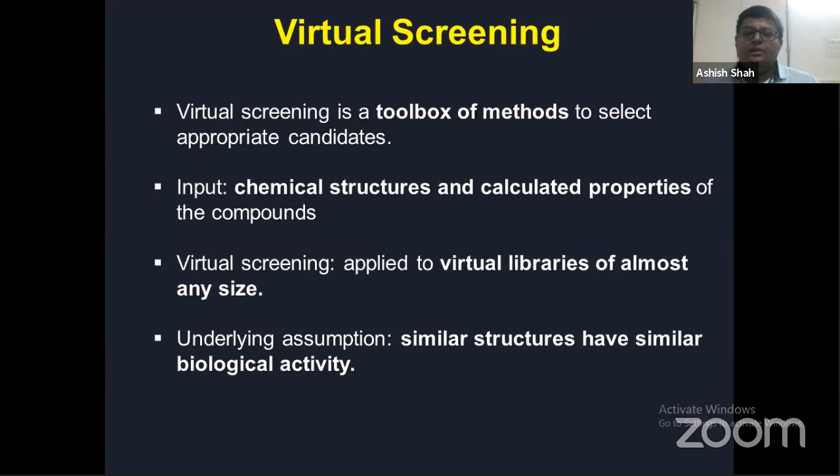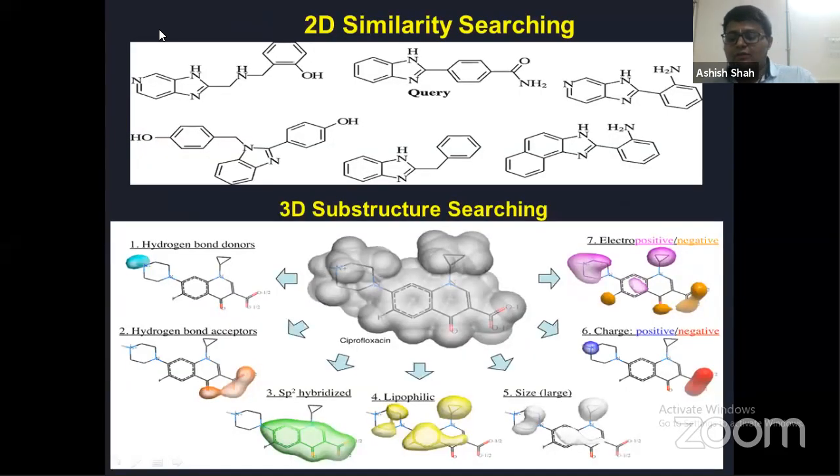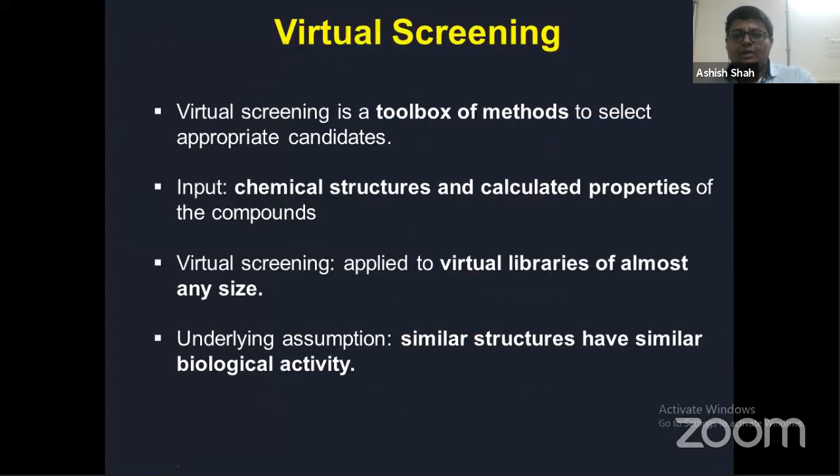Now, the second thing is virtual screening. Virtual screening means you want to screen thousands of compounds at a time. Screening of 1,000 compounds at a time, that you can do with virtual screening. For that, you can say it is based only on drug-like properties. We are not considering structure-based drug design.